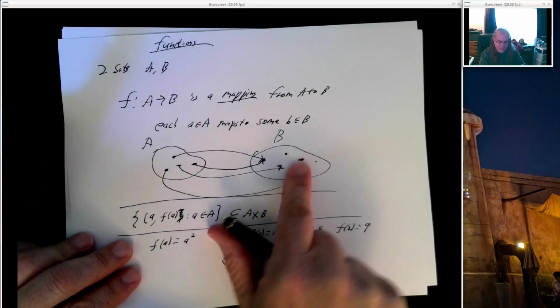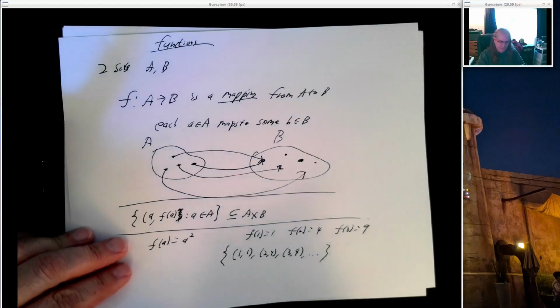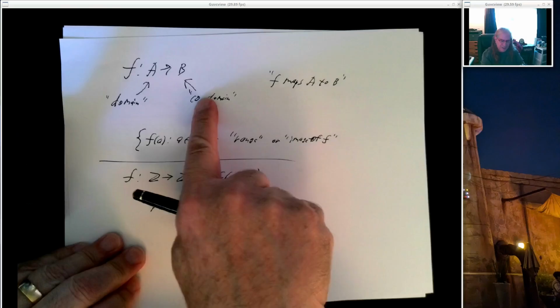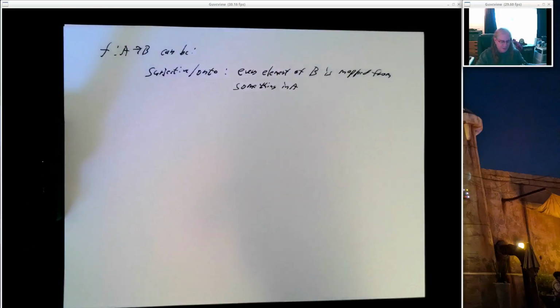If every element of B has an arrow going to it, that's surjective or onto. That also means that the range is the same thing as the codomain, right? Everything in B gets mapped to from somewhere.